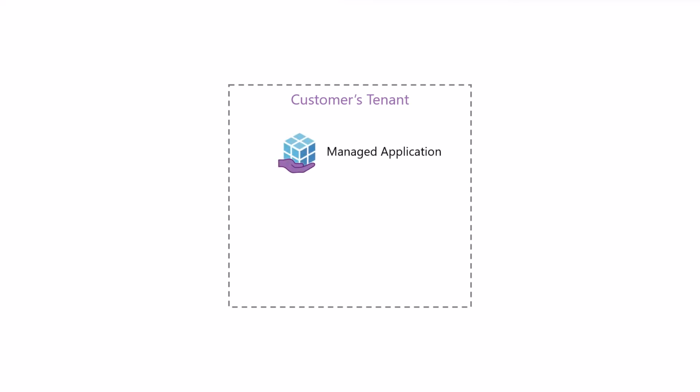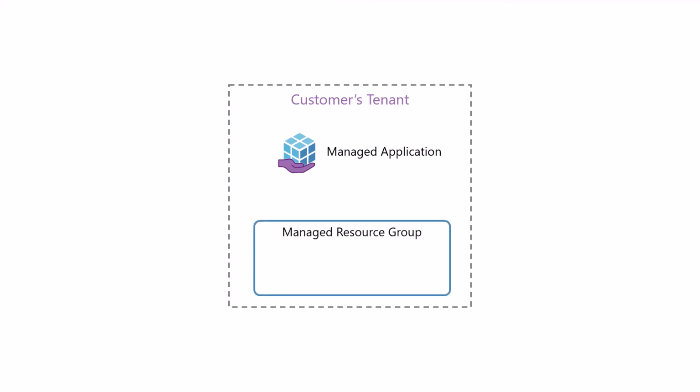A managed application instance is created, which essentially represents the subscription to the application. And I'll find this on my tenant. If I'm the customer, I can search for and find my managed application instances that I've purchased. Next, in a special resource group called the Managed Resource Group, the MRG that we've been talking about, this contains all of the resources deployed by the Azure application.